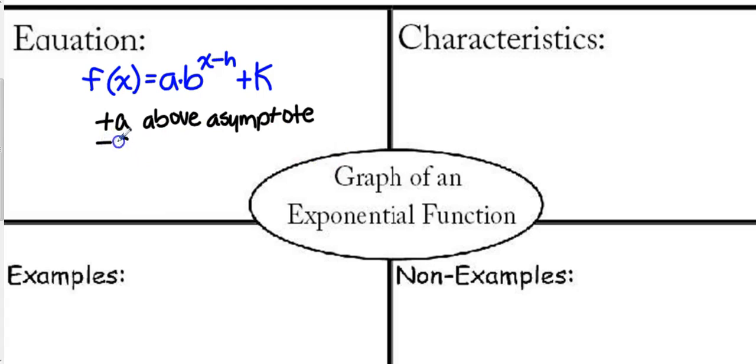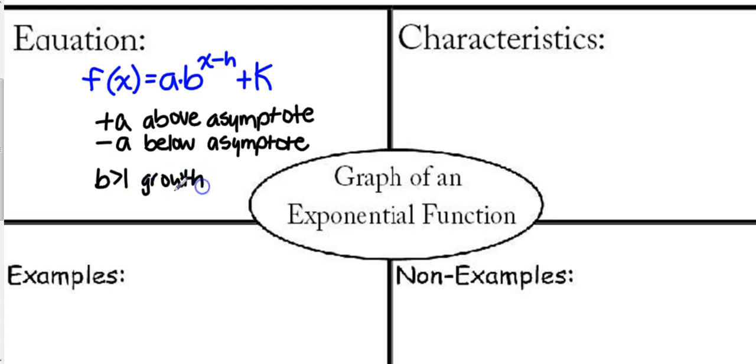If I see a negative a value, I know that the graph will be below the asymptote, and that's where we get back to growth like and decay like. To determine growth or decay, I know that that's connected to b. I recall that if b is greater than 1, it's growth, and if b is between 0 and 1, it's decay.